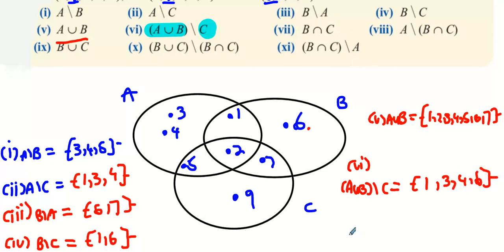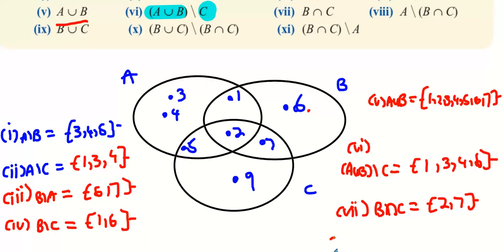All right, part 7. B intersection C is 2 and 7. Okay, part 8.